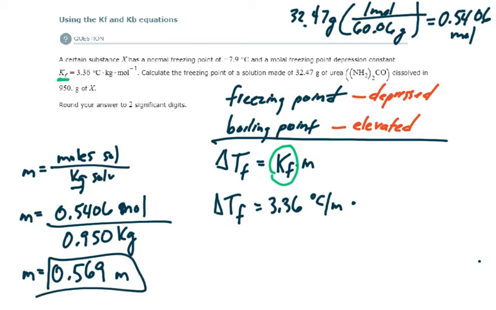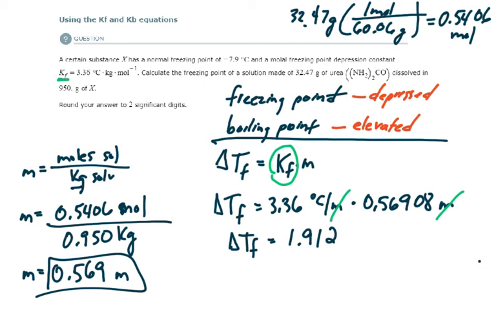So I'm going to take that and plug it in over here, times 0.569, and I'm going to carry a few more digits here. Our units of molality go away. And the freezing point depression is that times 3.36, 1.912, rounded to significant digits, 1.9 degrees Celsius. That is our unit left.